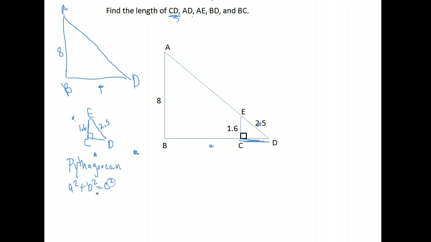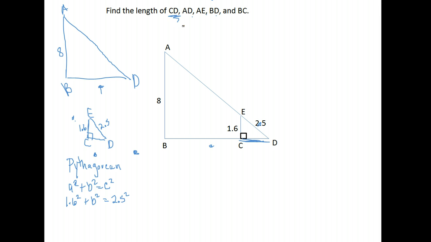It says that a squared plus b squared is c squared. A and b are the legs, and c is the hypotenuse, the slanted side. So a can be 1.6, b I'm not sure, and c, the hypotenuse, I know is 2.5. I'm going to use this to solve for my missing side.